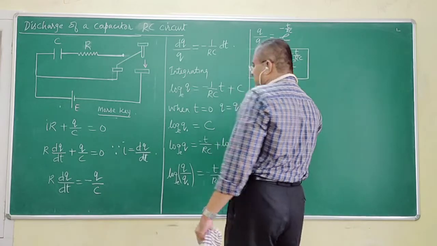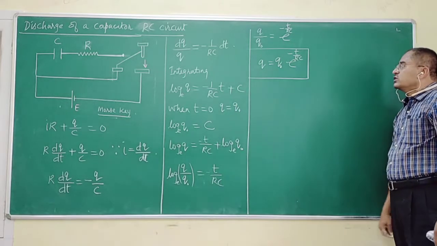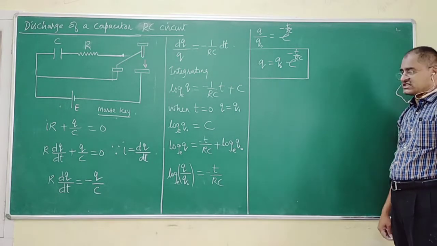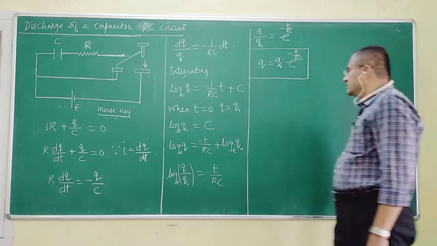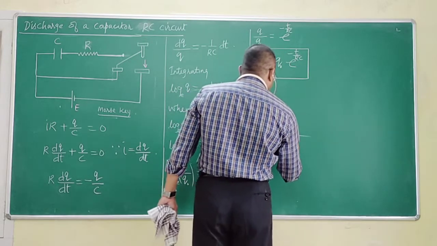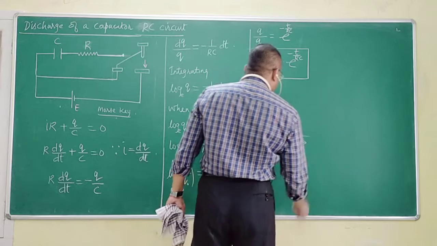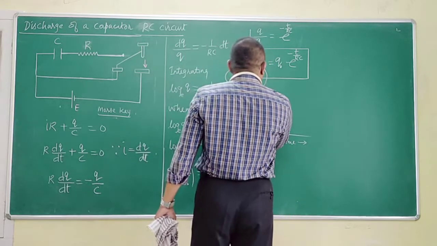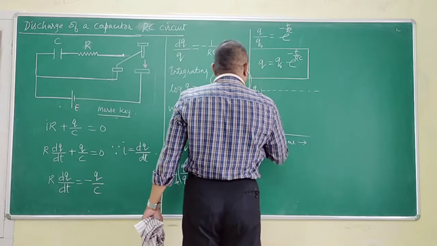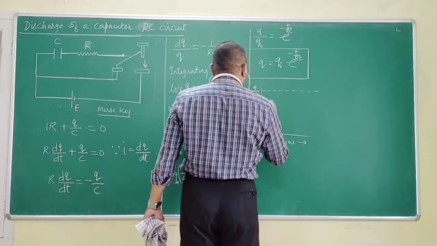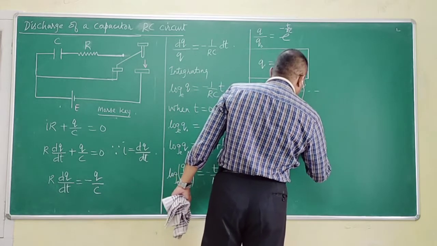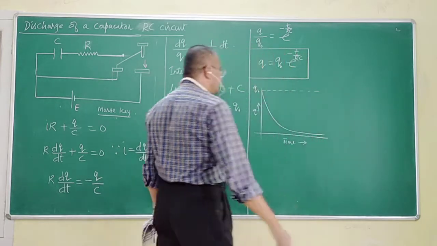This is the expression for discharge of a capacitor, decay of charge through a capacitor. If you plot a graph, again in the same fashion, taking time along the x-axis, with the maximum charge Q naught along the y-axis, Q will decay and reach 0 at infinite time.